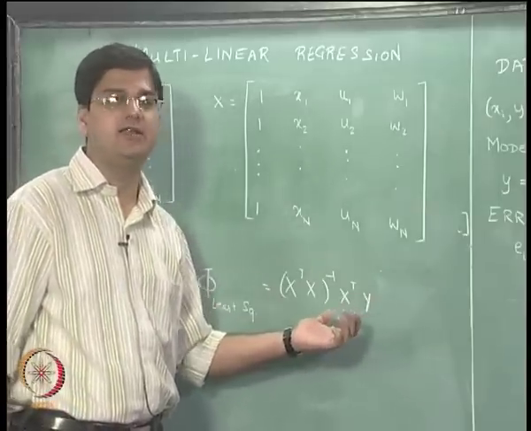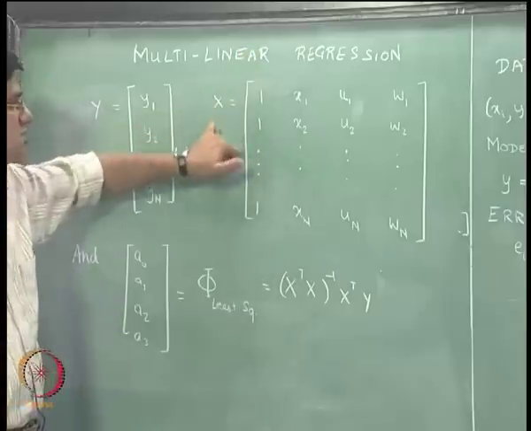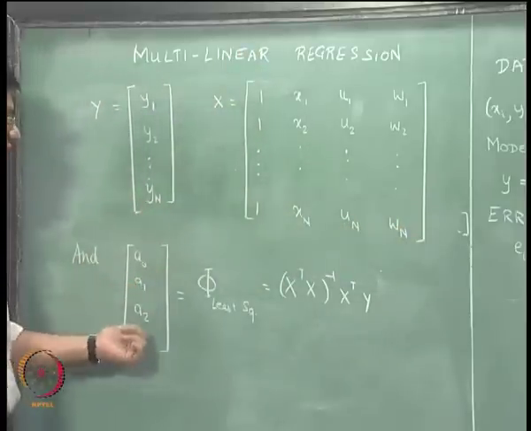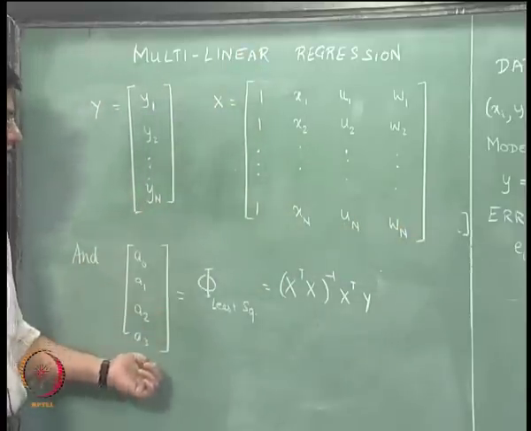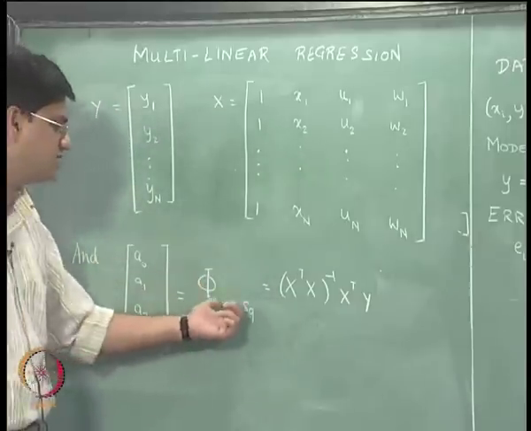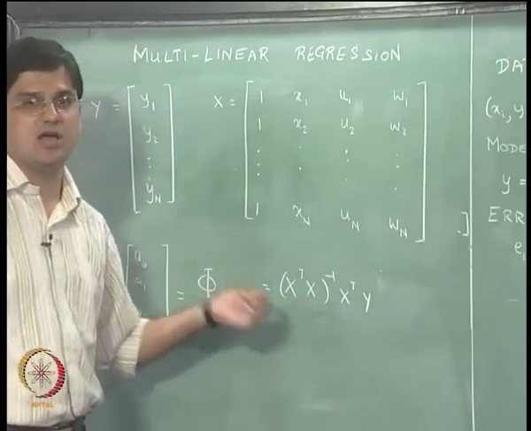For the multilinear regression case, the X matrix in general will have a structure of this particular form, the Y matrix will have the same structure as before, and A0 to AM we can get as phi least squares, again using the exact same equation as before.